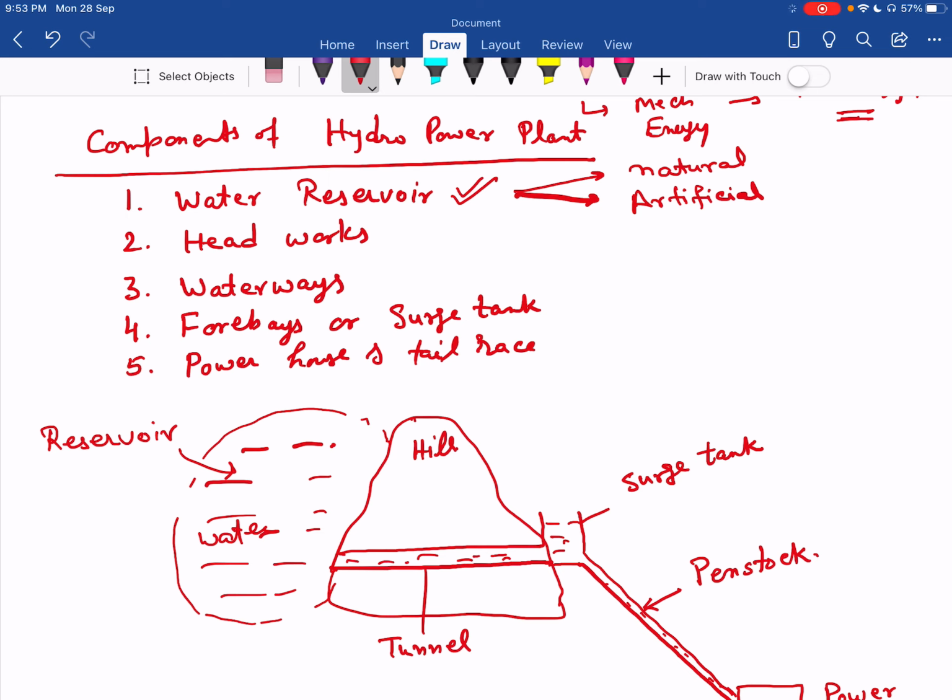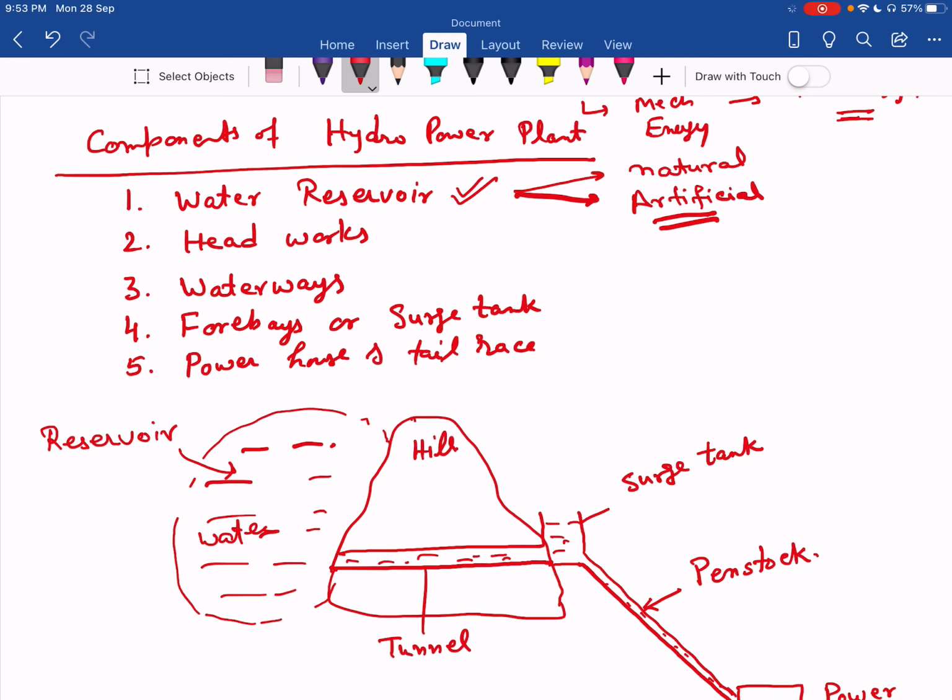From there we have to bring water down to the powerhouse through tunnels and different attachments of pipelines. However, the artificial reservoir is made with the help of dams. We construct the dam, and in that dam we store the water.